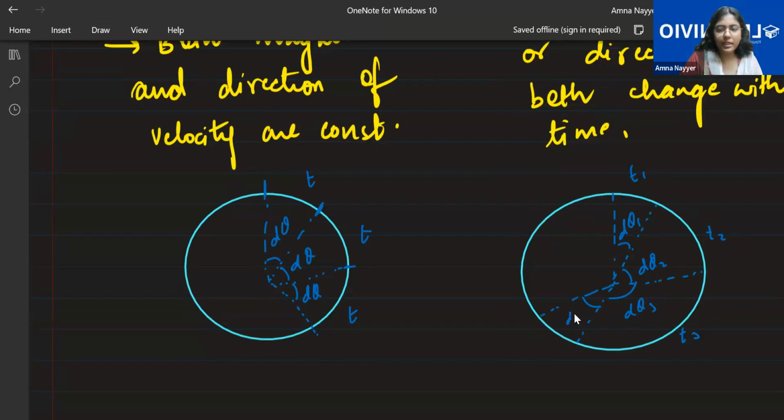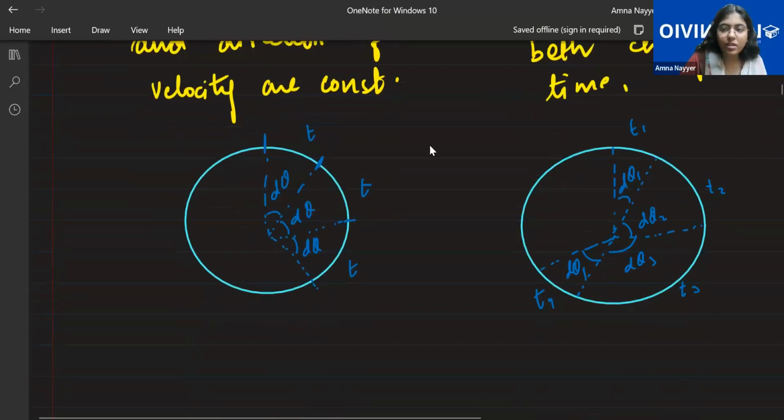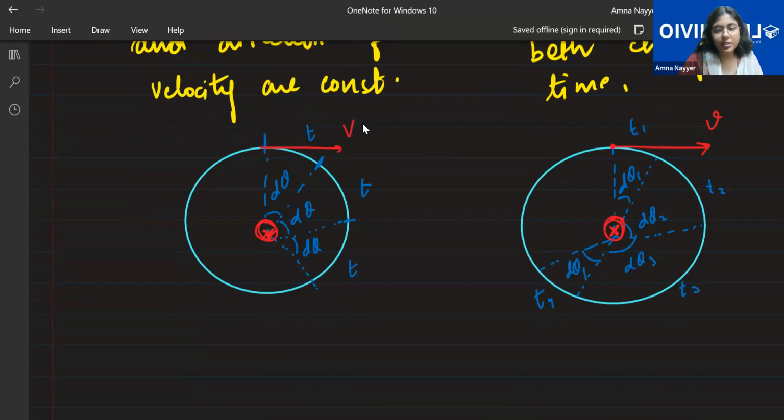Then you have time t4, like this. So magnitude is also changing, direction is also changing. Now, how will the direction of velocity change? I'll tell you this in detail again, don't worry. The direction of the linear velocity is assumed to be tangential. The angular velocity will be axial, but the linear velocity would be tangential. Here also the angular velocity will be axial, but the linear velocity will be tangential.